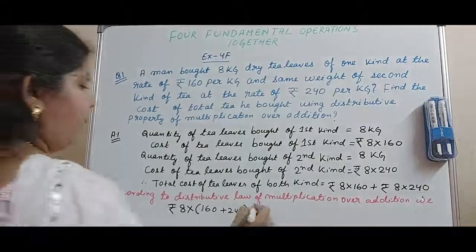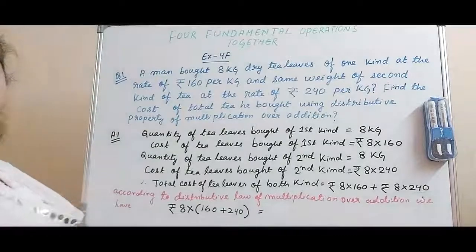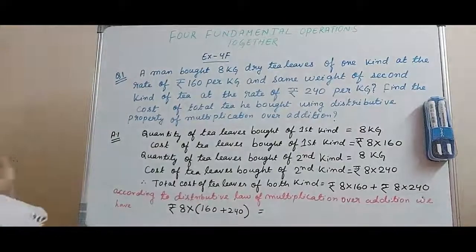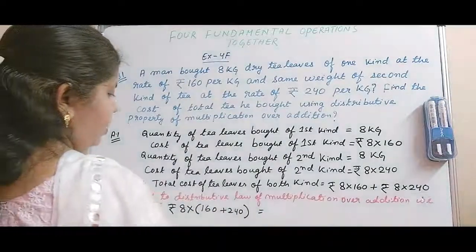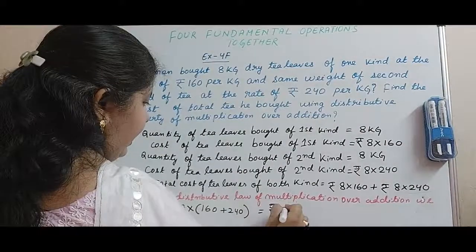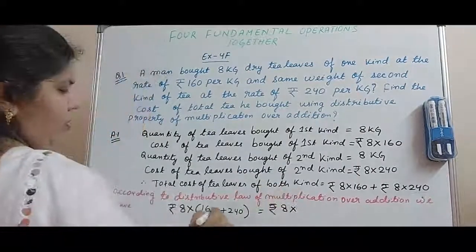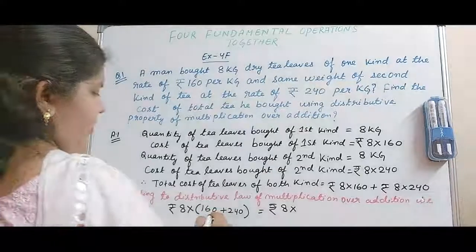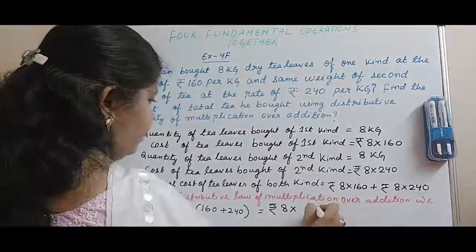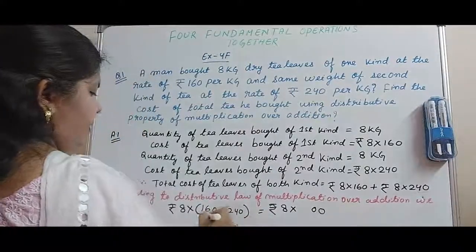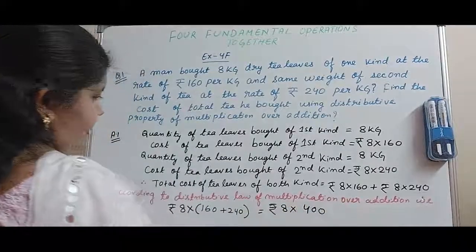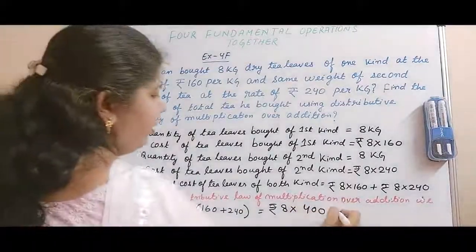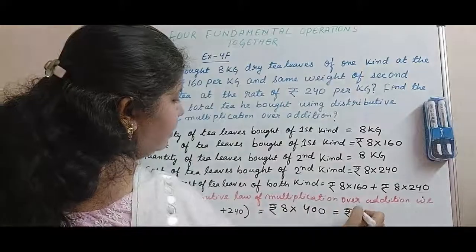Now when we solve it, what we are going to get? We have to add 160 and 240. So that is rupees 8 into, this will be 0, 6 plus 4, 10, carry 1, 2 plus 1, 3 plus 1, 4, rupees 400. So rupees 8 into 400 equal to rupees 3200.